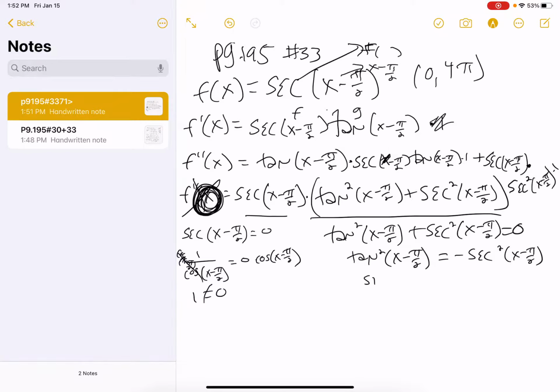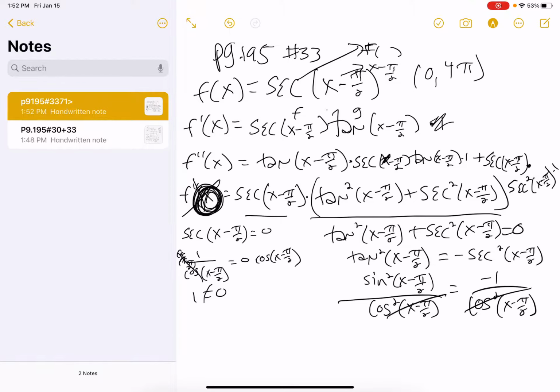I'm going to start by trying to manipulate these a little bit and see if I can simplify. If I multiply by the cosine squared of x minus pi halves on both sides, I'm going to end up with sine squared of x minus pi halves equals negative 1. Then I take the square root, and uh-oh, I have an imaginary number. So this one is also not going to give me any zeros for the second derivative.